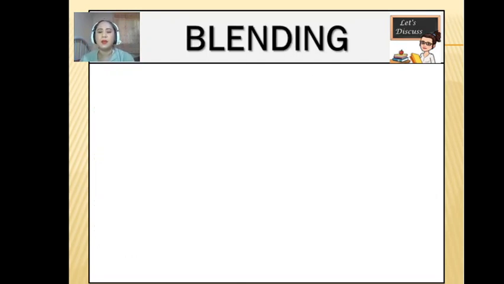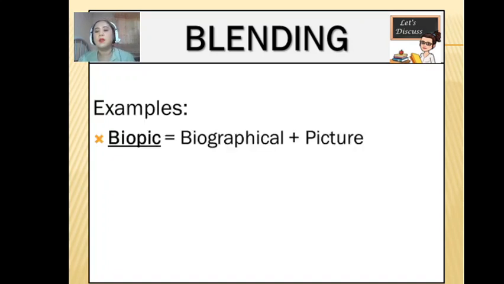Now, what is blending? As I've said earlier, blending is a word formation. It consists of parts of two or more words that are clipped and combined to create a new word whose meaning is often a combination of the original words. Examples: biopic is a combination of the words biographical and picture. A biopic tells the story of a person through pictures.